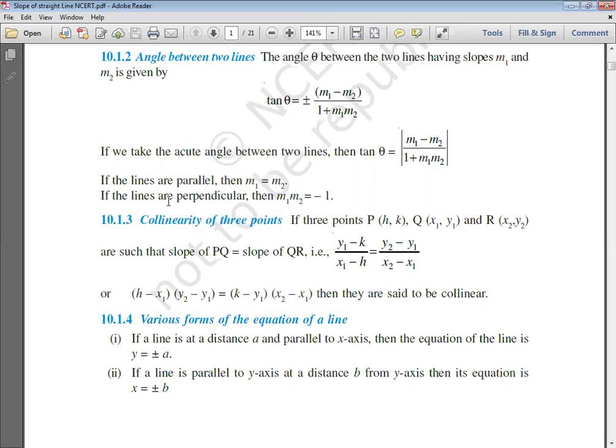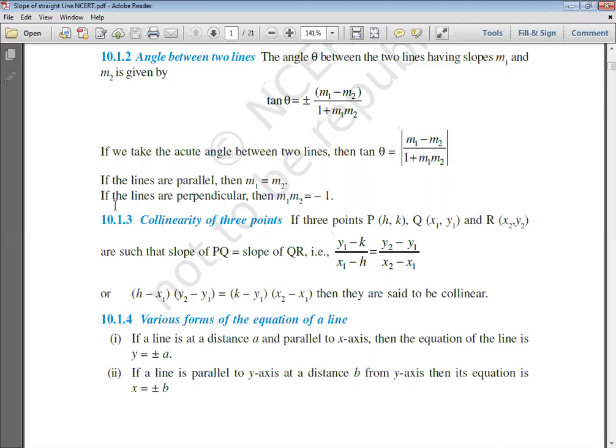That's why we call this the condition of parallelism, that is, under what circumstances two lines are said to be parallel. That condition is simply m1 equal to m2, that means slopes are equal. If the slopes of two lines are equal, then the lines must be parallel.